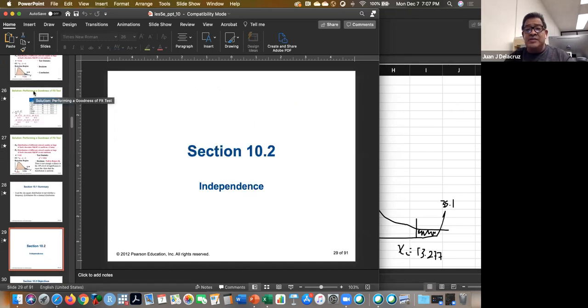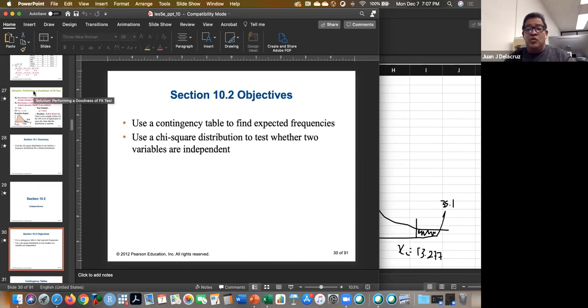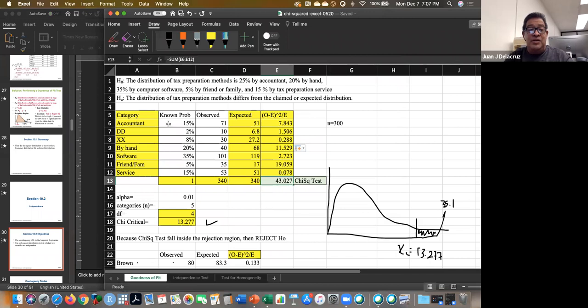In the second case, we are going to use another test that is called the independence test. We are going to use the so-called contingency tables. In the first case, we have a very simple table. We have a table with known probabilities and the observed probabilities.